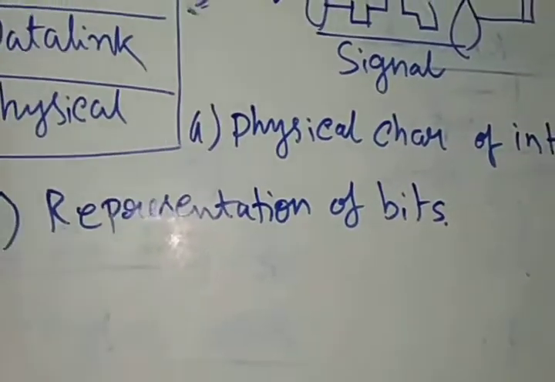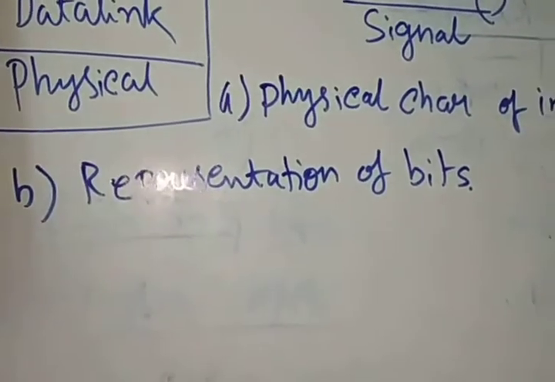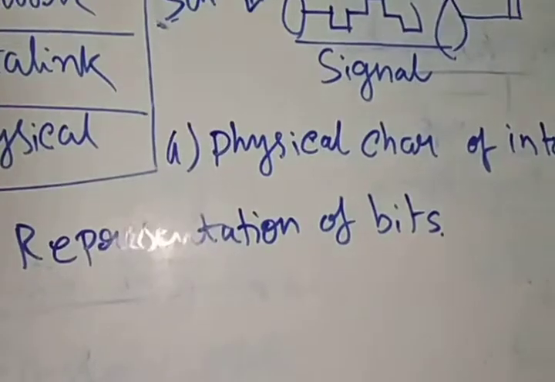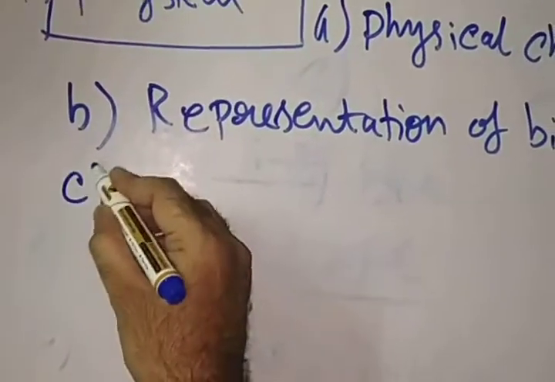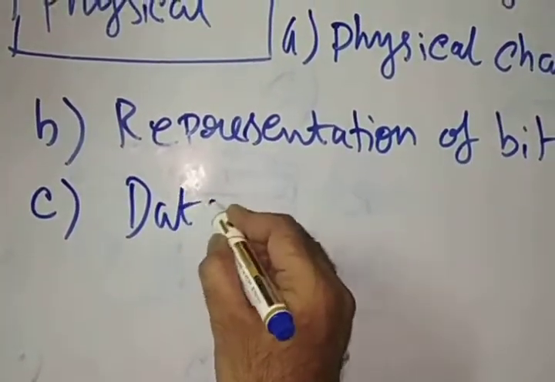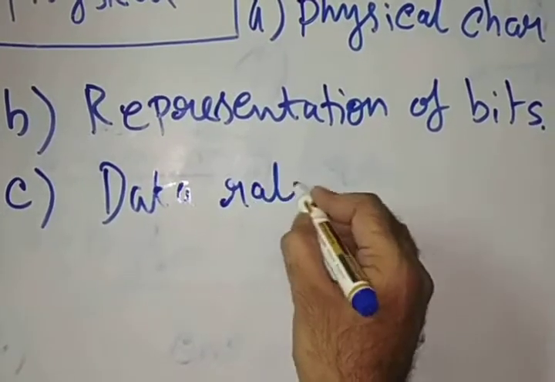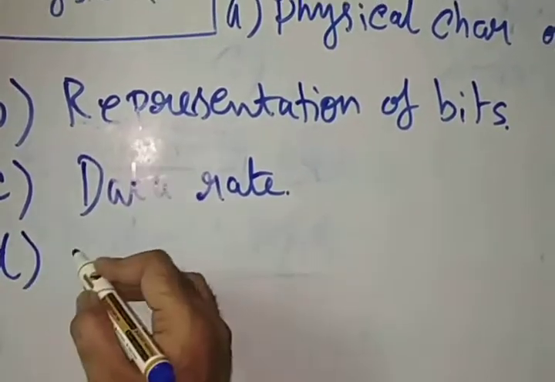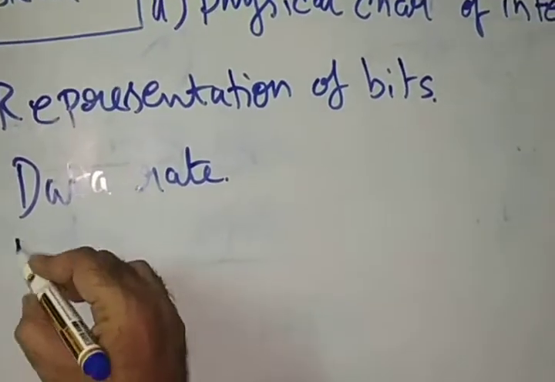It is looked after by this physical layer. Now the third point is data rate. The fourth point is physical topology.